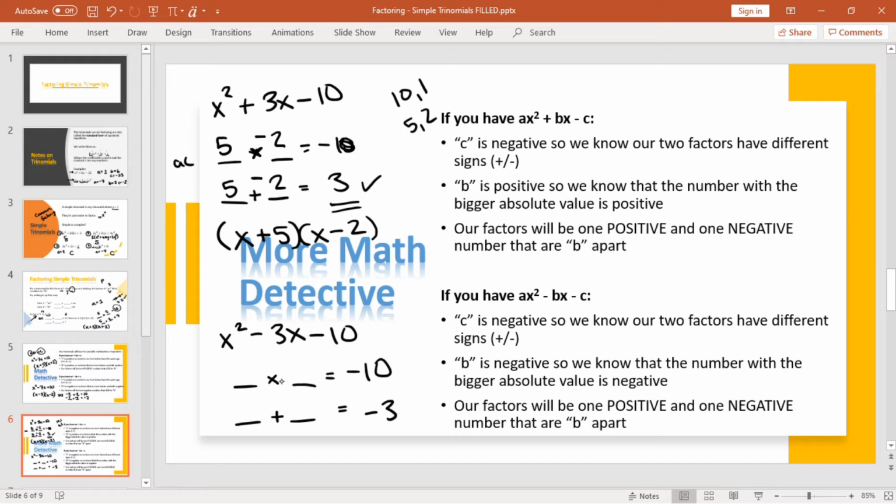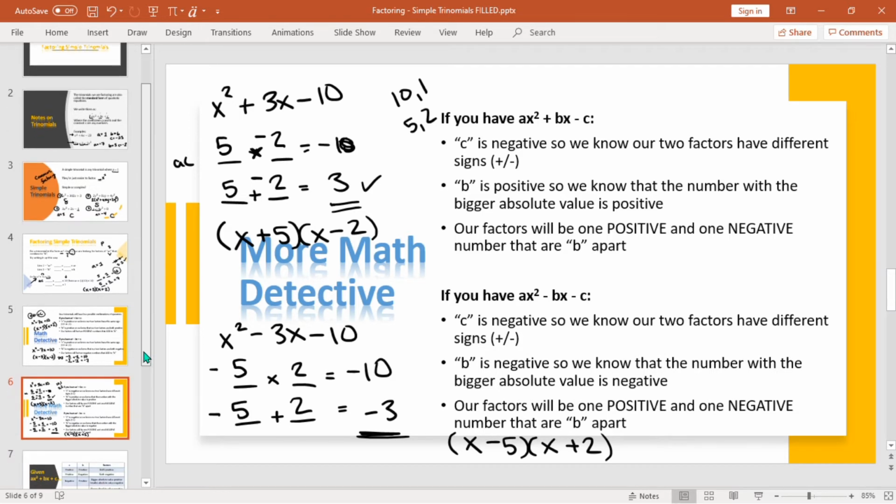Okay, it's going to be 5 and 2. But this time my b value is negative, so my bigger number has to be negative. My bigger absolute value has to be negative. So I do this, and the factored form of this number will be x minus 5, x plus 2. So 4 kind of combinations.